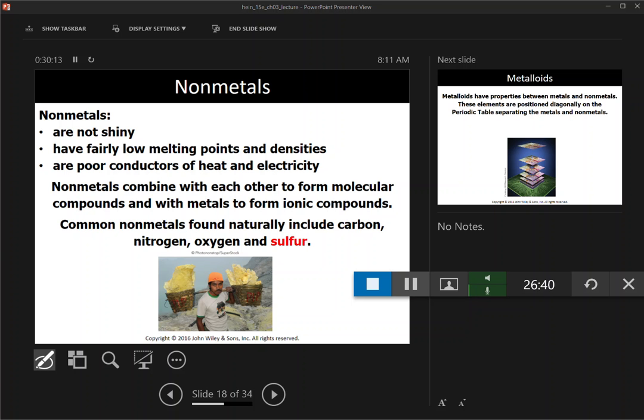That's why they can be found in a liquid, gas, or solid state. Now, when two or more nonmetals are combined with each other, they form molecular compounds. We will look at how to write their chemical formulas, and also at the naming of the molecular compounds.